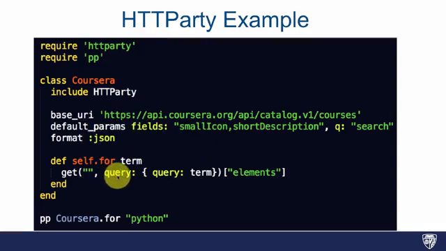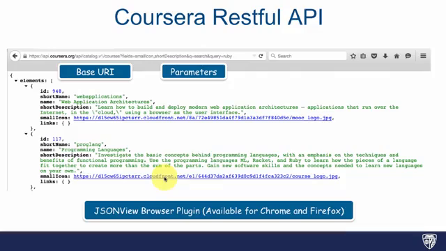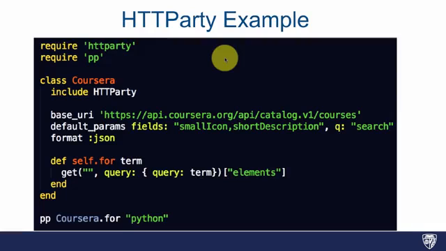And then as a second parameter, we pass in more request parameters. More request parameters in this case are going to be the query request parameters. It's a little confusing. So the query key here is the HTTParty key, but the query here is this key over here that we provided as a last request parameter, query equals Ruby.